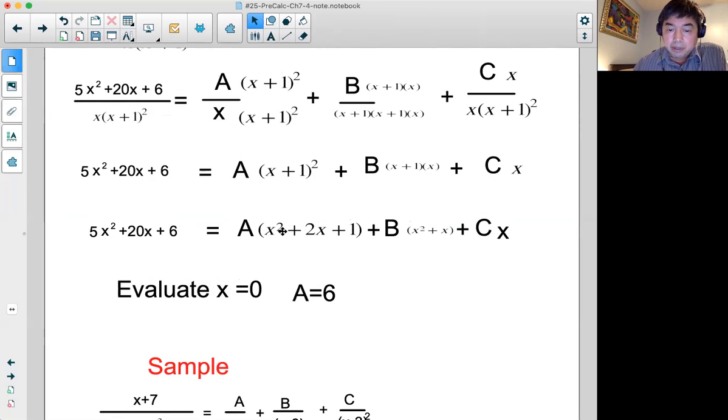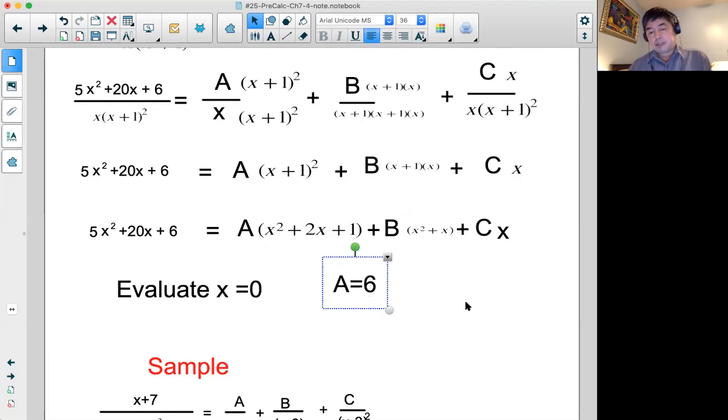This one becomes 0 plus 0 plus 1, so 1 times A. So A stays here. A plus B times 0 squared plus 0, which is 0. So B times 0 is 0. C times 0 is 0. So this came out, A equals 6.